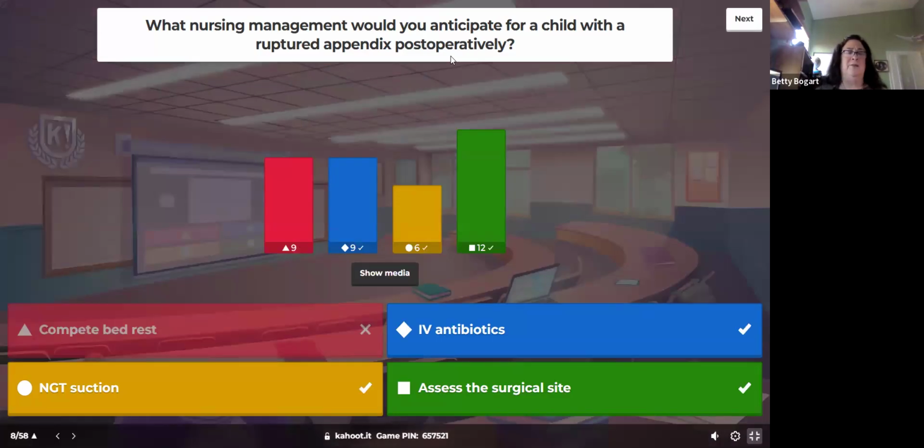So you wouldn't put on complete bed rest anybody with abdominal surgery. You want them up out of bed, coughing, deep breathing, okay? Child, adult, don't matter, up and out of bed. NG tube suction, keep that good old abdominal cavity without anything that bothers it, including just the saliva that you're swallowing. IV antibiotics, you have an infection that's raging on.